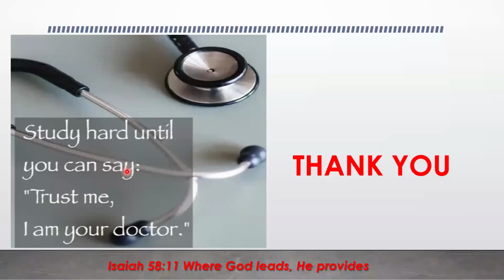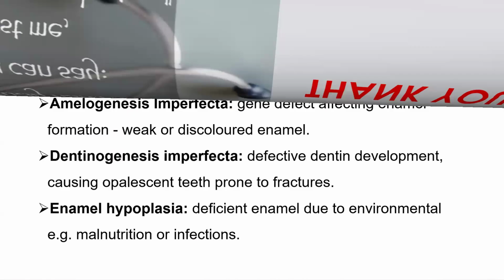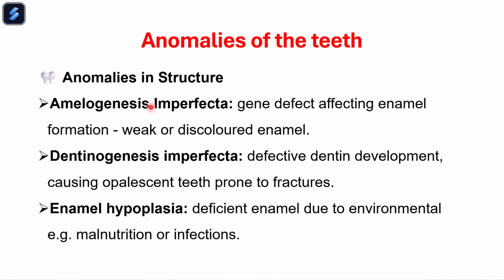And then in terms of structure, we'll have amelogenesis imperfecta. That means there is an issue with the development of the ameloblast. So a gene defect affecting enamel formation, which will lead to weakened and discolored enamel. Then dentinogenesis imperfecta tells you there is an issue with the development of the dentin.